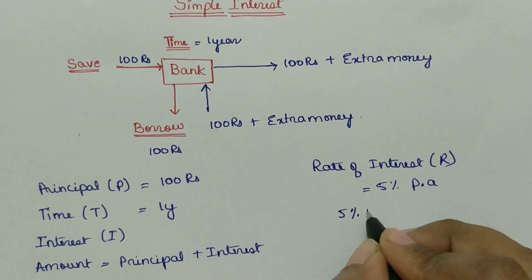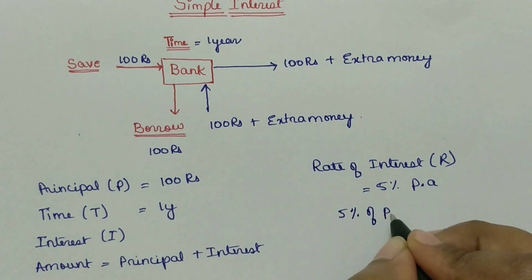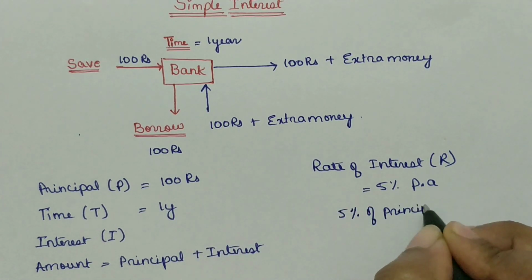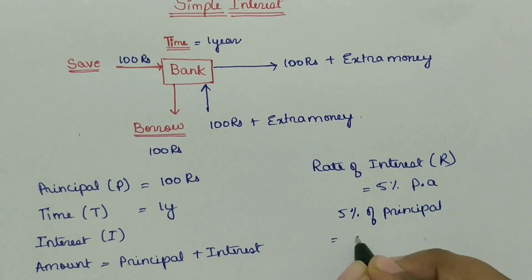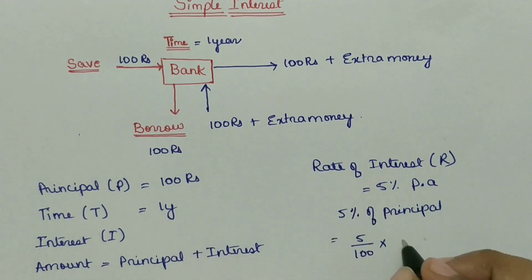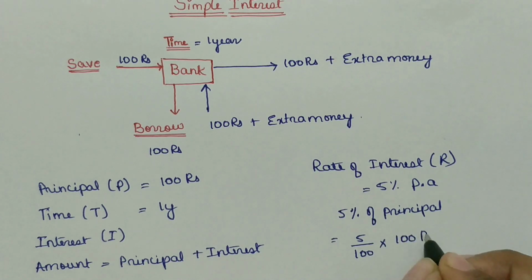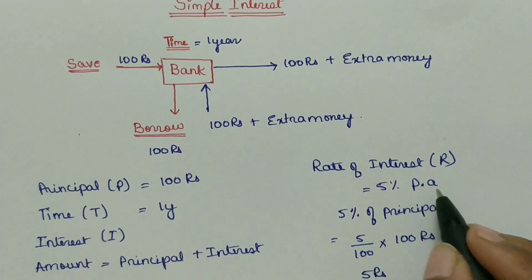5% of principal equals 5 by 100 into 100 rupees. 100 cancels, equal to 5 rupees per annum, that is per year.